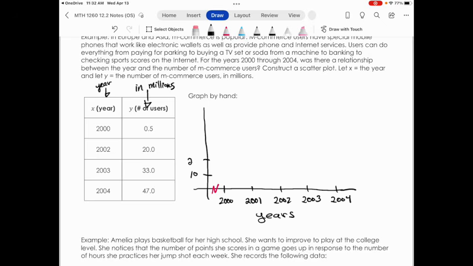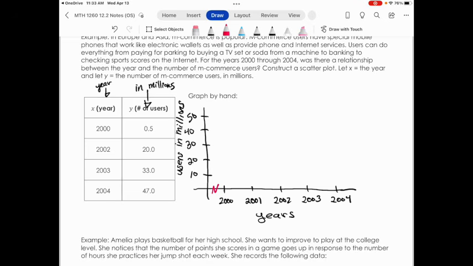So I'm going to have 10, 20, 30, 40, 50, and then this is users in millions. All right, now once we have everything scaled, we're going to start plotting these XY points. Now, I didn't have to draw that compression symbol on the y-axis because I started at 0 on the y-axis.